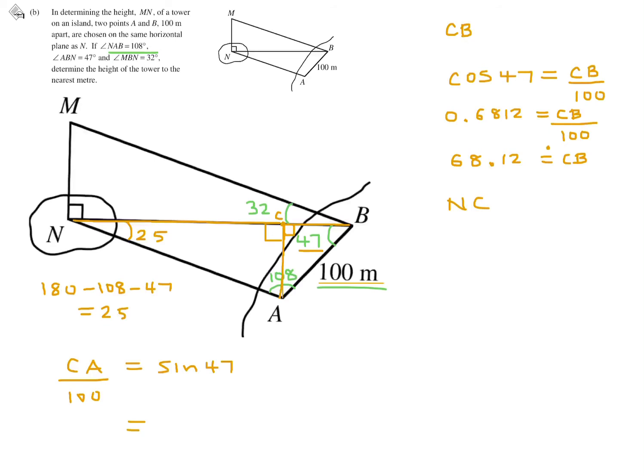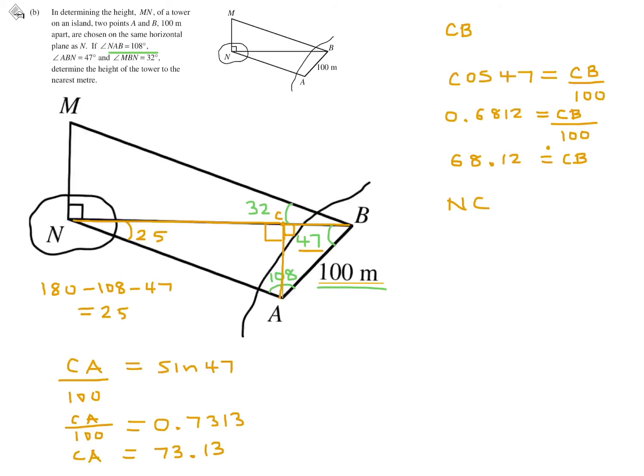The sine of 47 is 0.7313, so CA over 100 gives CA equal to 73.13.